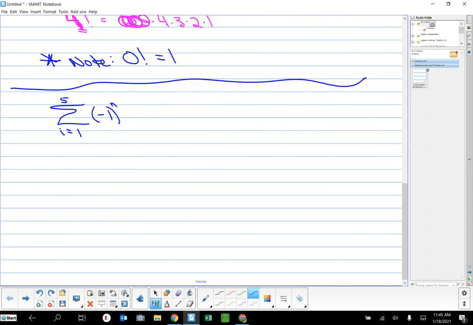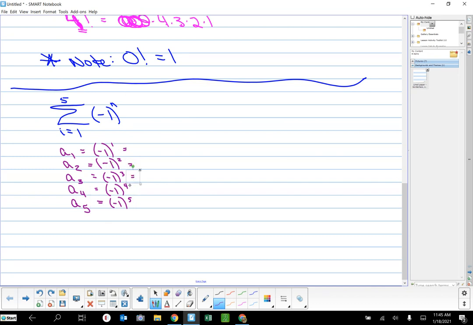All right, so what will happen with this guy? We'll have a sub 1, a sub 2. So this is going to be negative 1 to the 1, negative 1 squared, negative 1 cubed, negative 1 to the 4th, negative 1 to the 5th.